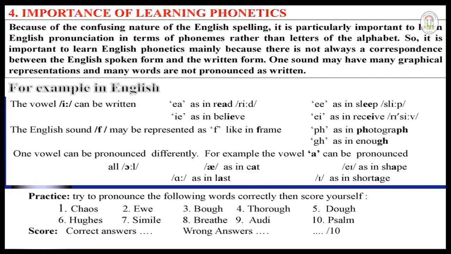One vowel can be pronounced differently. For example, the letter A can be produced as A, like in cat, as O, as in last, as A, like in shape, or A, like in shortage, or all. Now check your pronunciation. In the first word, chaos.